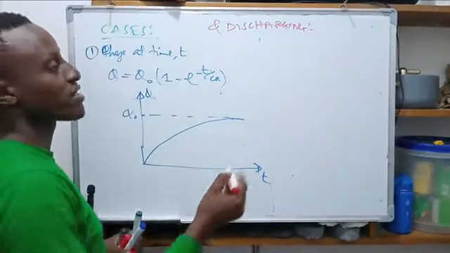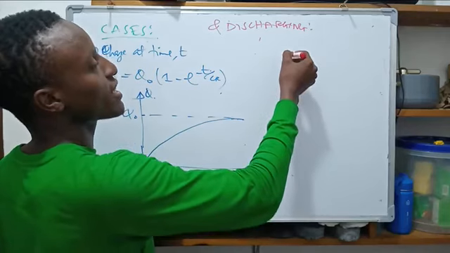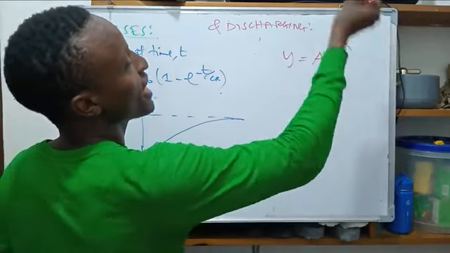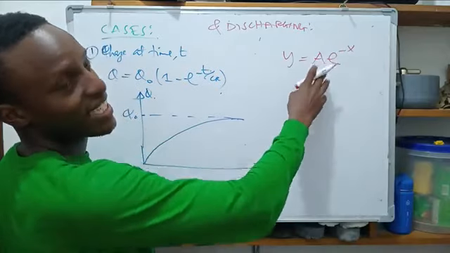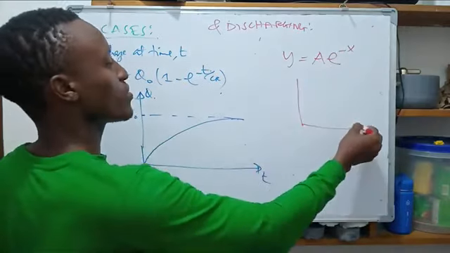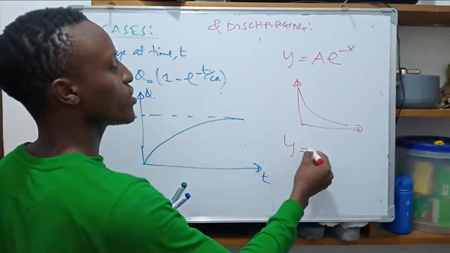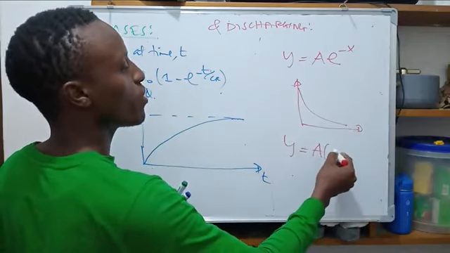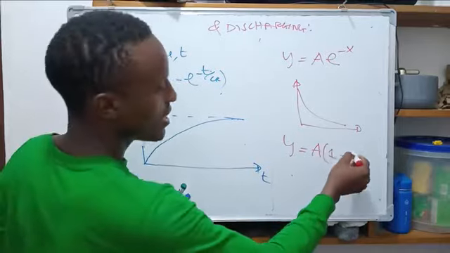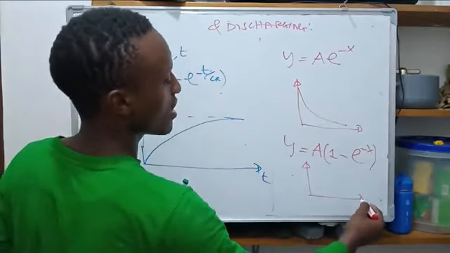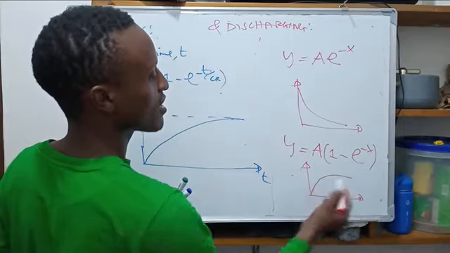The nature of the graphs: when you see something like y equals A e to the negative x, you can draw it like this. When you see y equals A times 1 minus e to the negative x, this should be reversed, like this.